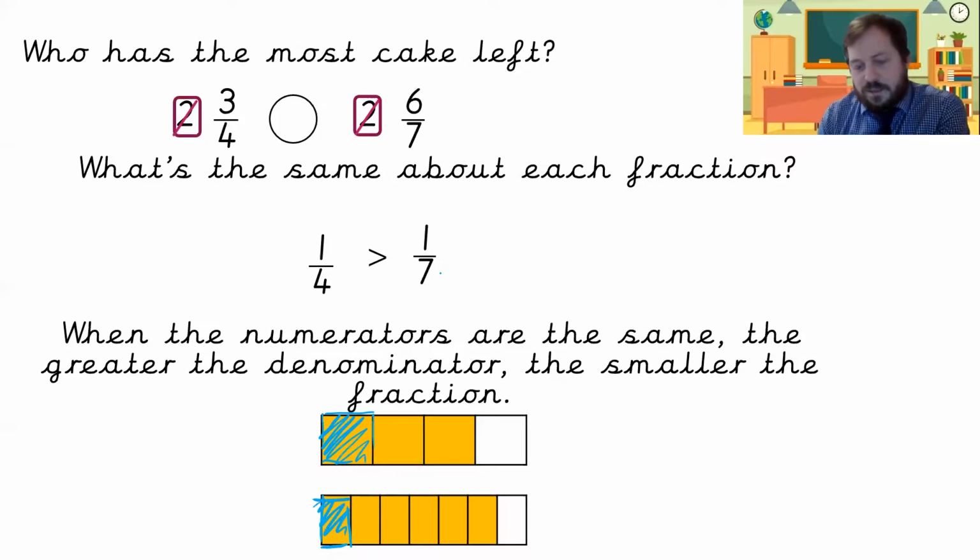But the thing is, and this is what we struggled with understanding, if I have more of these pieces, 6/7, it's hard to judge whether this is more than 3/4 unless we draw it out, or we think about making the fraction the same, which is what we did before.